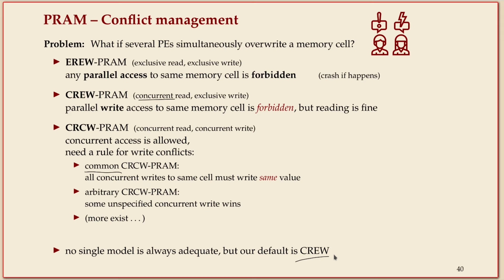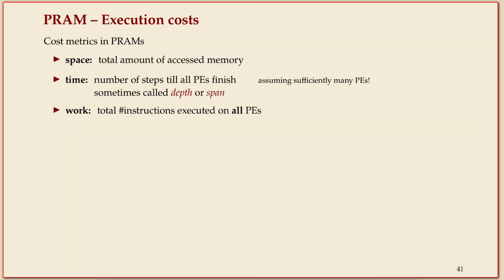There's one last thing about the model. We have to tell, if we want to analyze algorithms, how expensive different things are. And as before, there are different cost metrics that we could look at. Space and time are the same as before, so not really surprising.